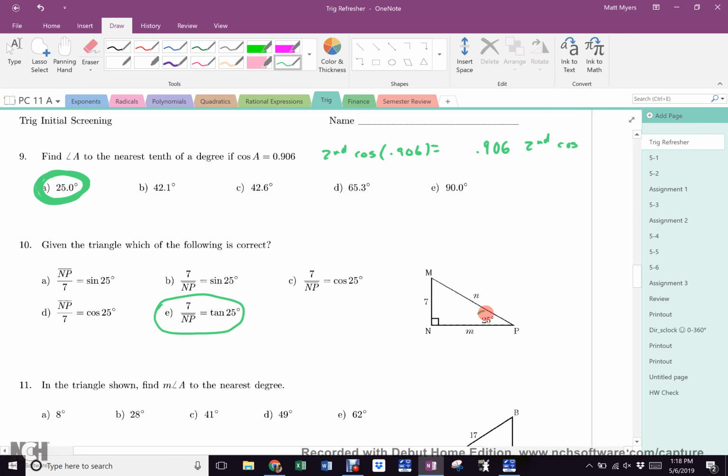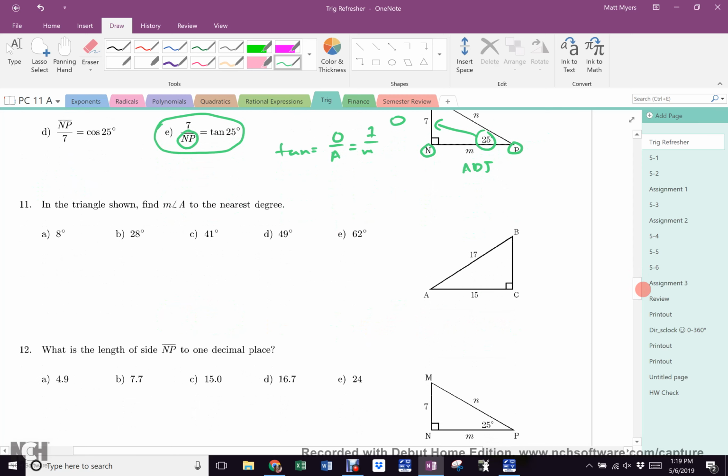Okay. 25 is the angle we have. 7 is opposite. M is adjacent. Tan equals opposite over adjacent. Opposite is 7. Adjacent is M, but it's also NP. It is easy.